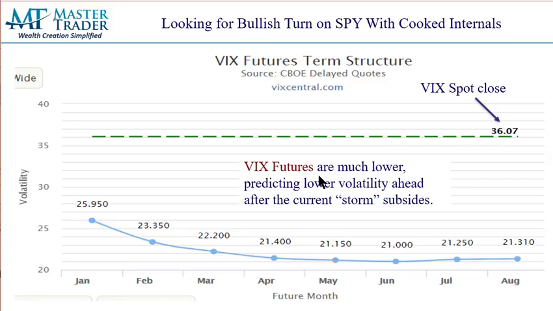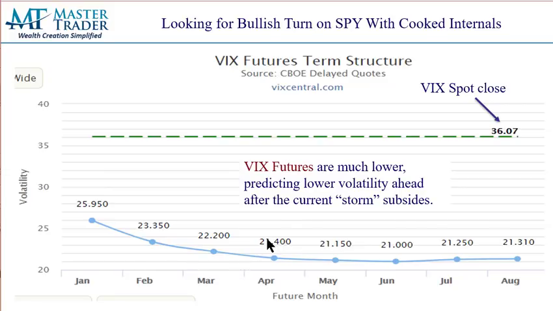And that's because of fear of people rushing to the option market to buy these puts for protection or speculation. All this term structure does is go to the VIX futures market and ask, how much are you priced for future months of perceived risk? Typically, each successive month should be higher.